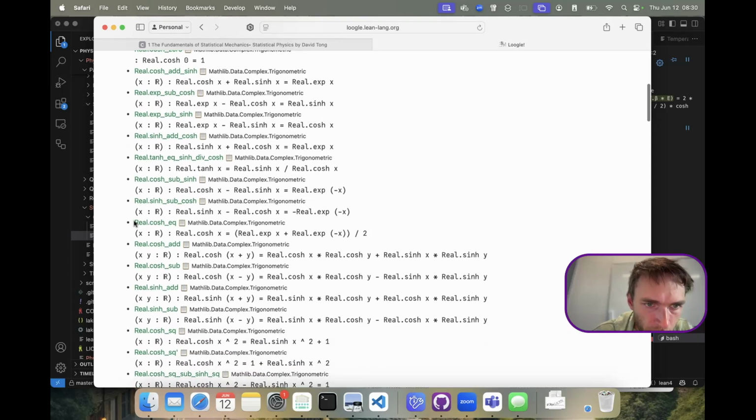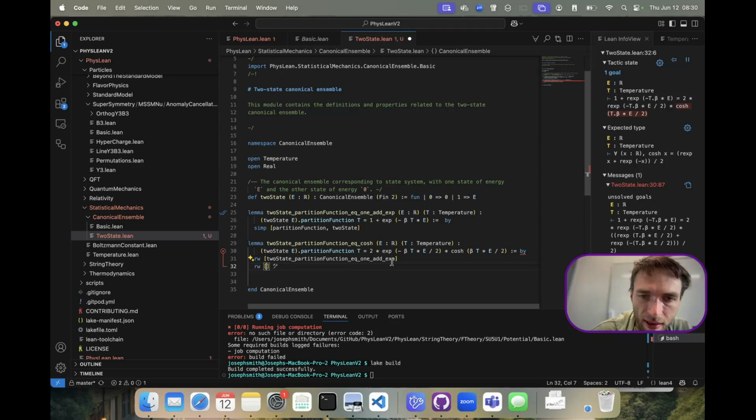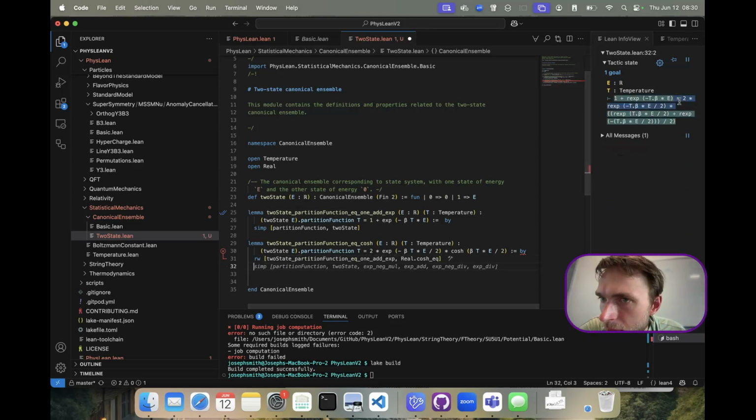Good. So this is the thing we want here. We want to rewrite this cosh in terms of exponentials, and this is just a lemma. So we can come over here and rewrite that. In fact, let's be nicer and put this here. And you'll see that our goal has now changed into this thing here.